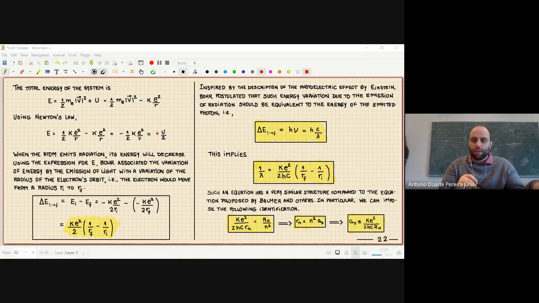But Maxwell told us that the electron will emit radiation. And if the electron emits radiation, it loses energy. The electron cannot create energy. It is giving away energy. And if it's giving away energy, then the radius of the trajectory will shrink. This is what accounts for the change of the radius of the trajectory.